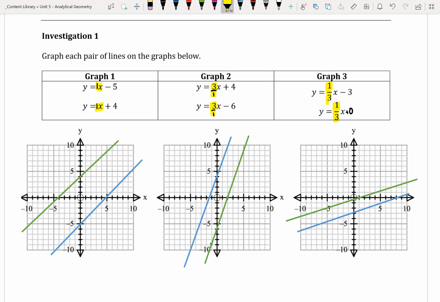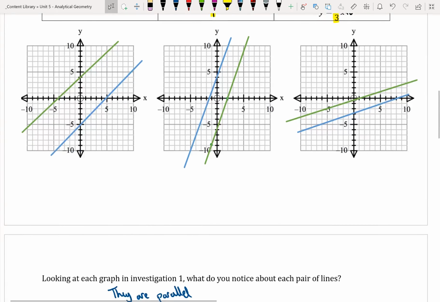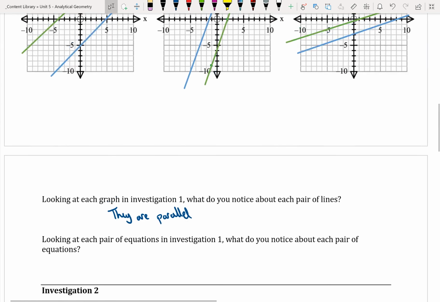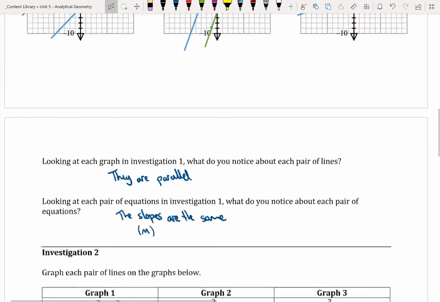So what we notice about parallel lines is that the slopes are the same, or in other words, the m value, or your multiplier, etc. So all those different terms that we had. They're the same value in our equation.